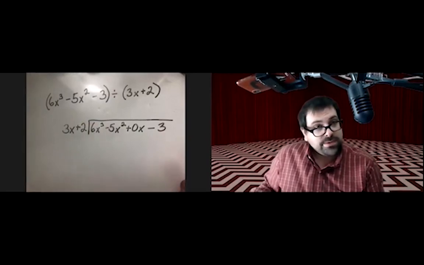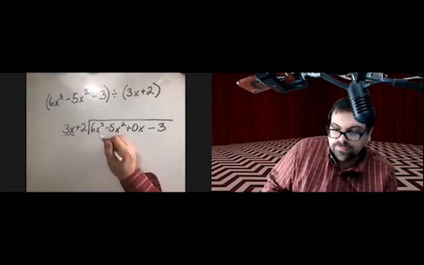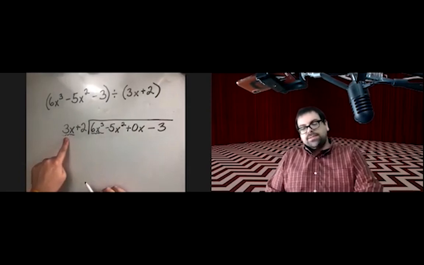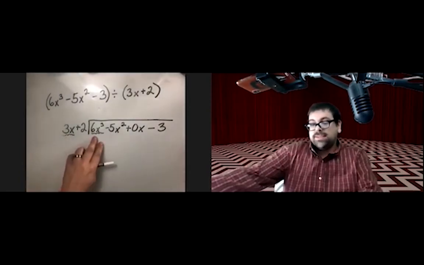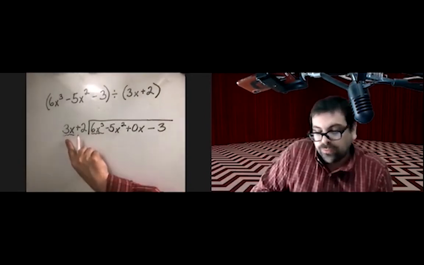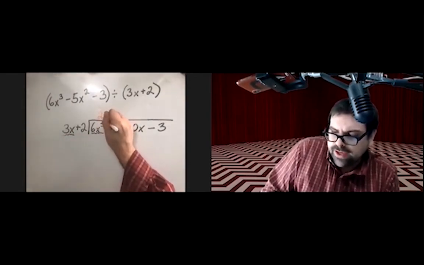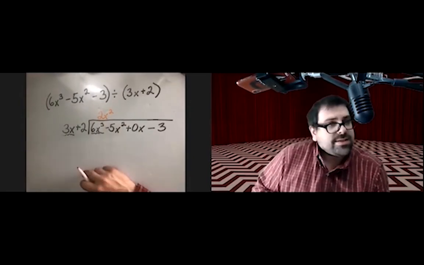Let's do our steps. Look just at the first term. 3x times what is 6x cubed? Well, 3x times 2x squared is 6x cubed.